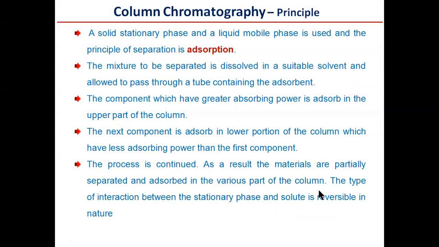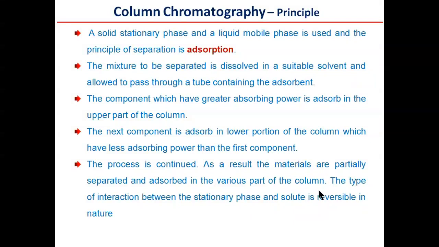The next component is adsorbed in a lower portion of the column, having less adsorbing power than the first component. This means the separation is totally based on the adsorption power of the components present in a mixture.